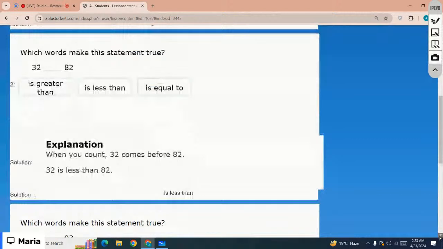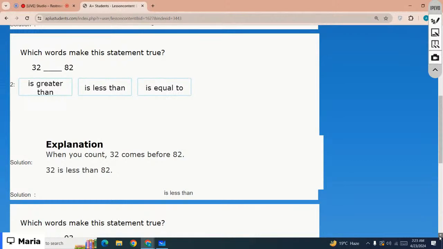Which words make the statement true? 32 and 82, which is the correct option? When you count, you have 32 first, then 82, right? 32 comes before 82.